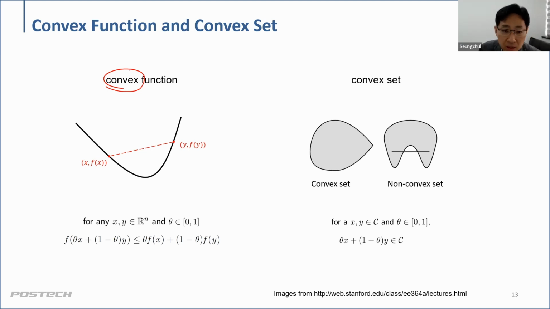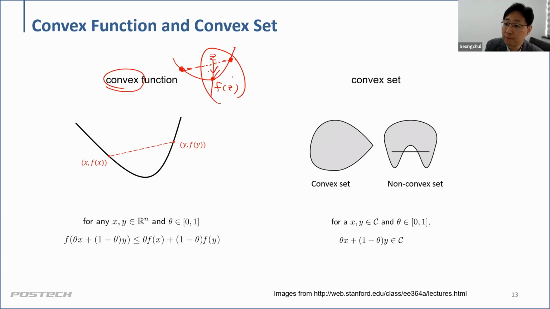And the idea is that, say this is convex and we have two data points and the linear interpolations. All the data points in here are always greater than or equal to the function value at, say, this z.